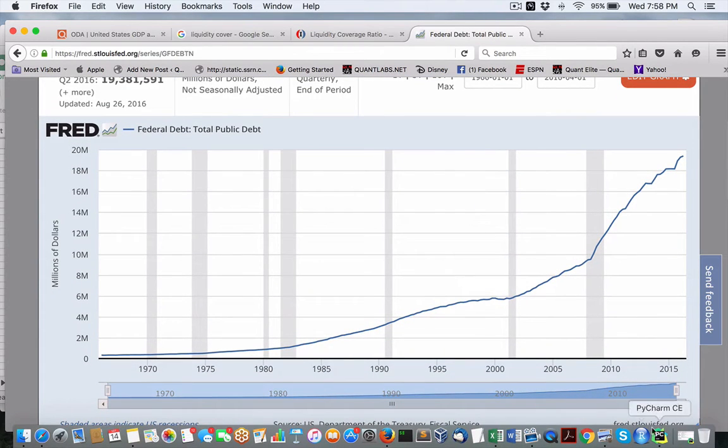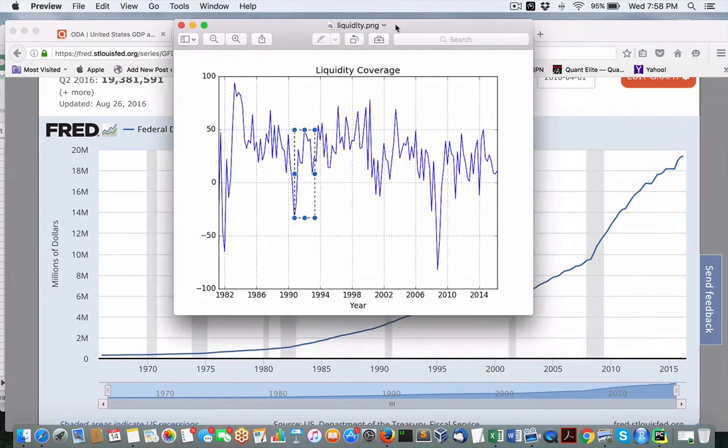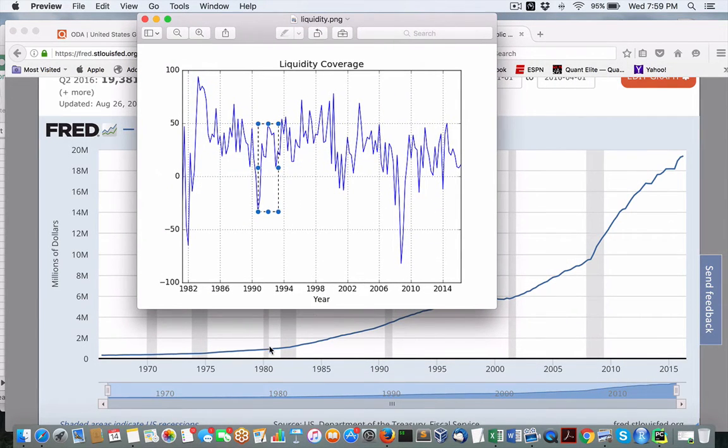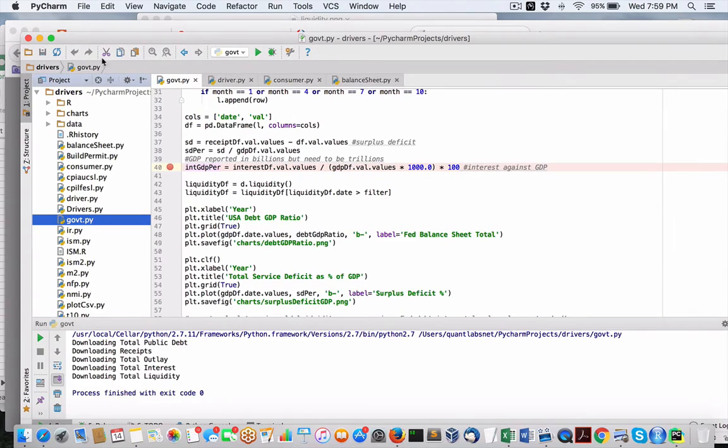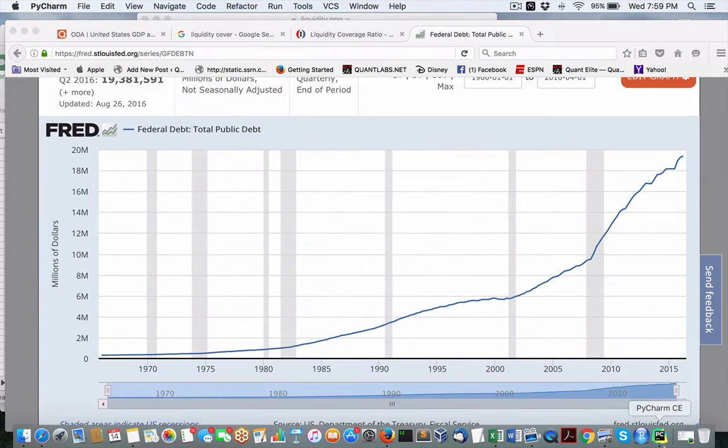So you can see here, if I pull up this chart, very low up until the 80s. So they probably did a little bit of pumping money into the economy around here in the early 80s. So it was reasonable, right? Let me quit this program here.